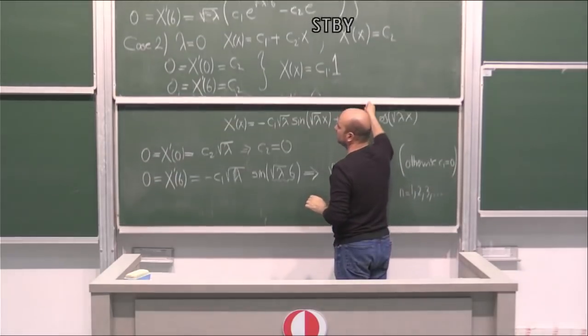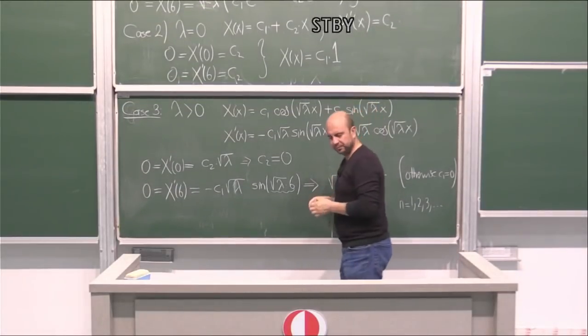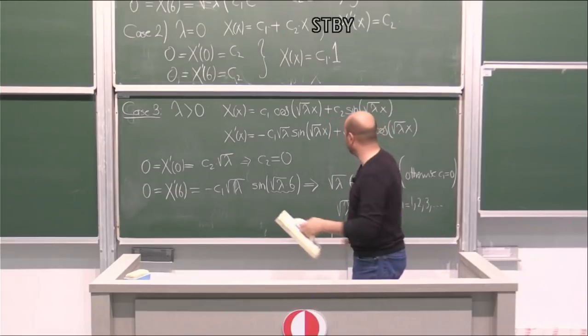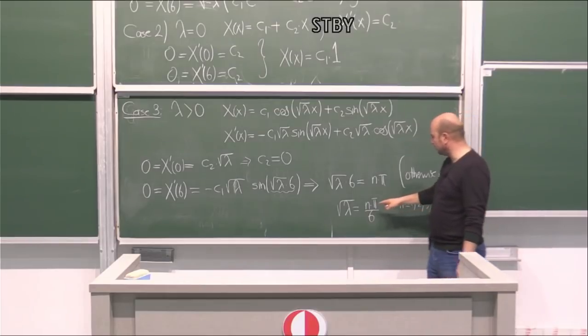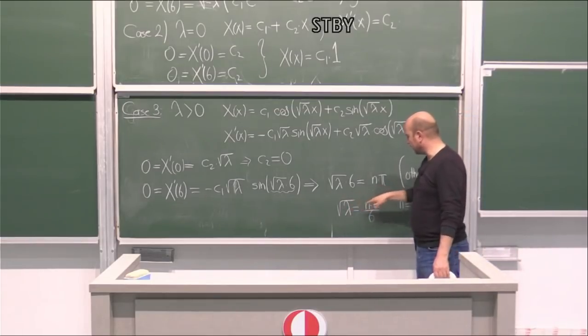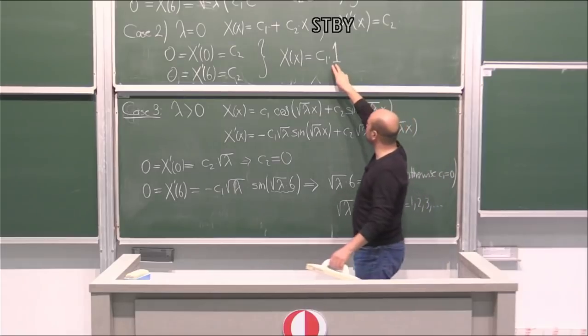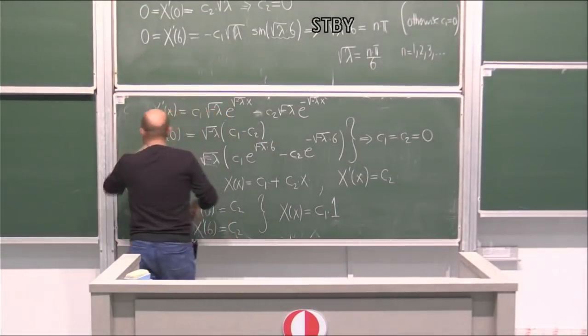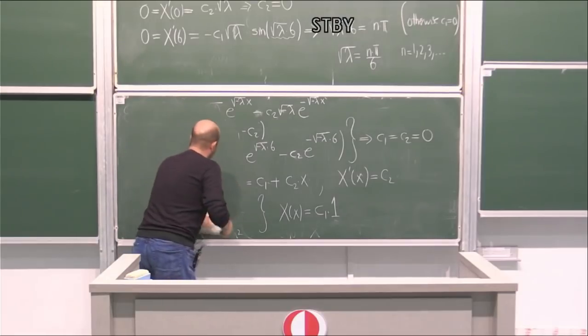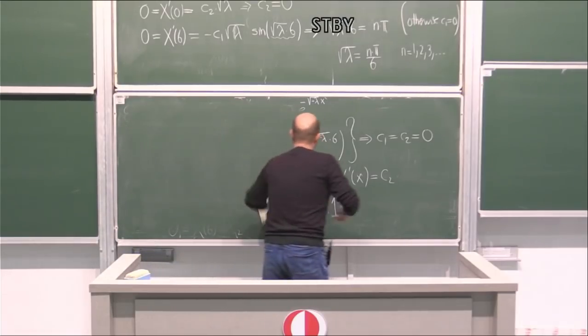So if you look at this, then we can group them in the following way. So I can include n equal to 0. If n is equal to 0, basically radical lambda is 0. In that case, my solution is just c1 times 1. So then we can write everything in the following way.